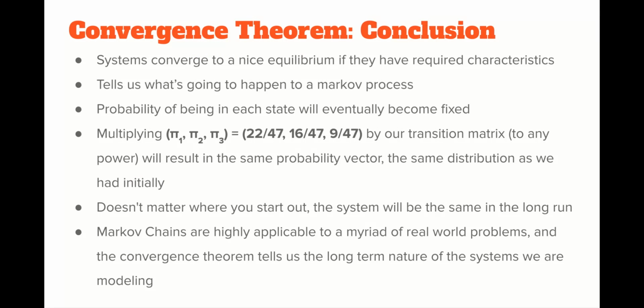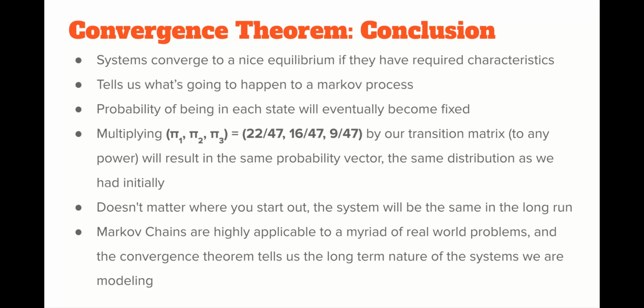And to conclude, the convergence theorem tells us something very important about a certain system that we're modeling. Systems converge to a nice equilibrium if they have these required characteristics, which our example does. So it tells us what's going to happen to a Markov process over time.